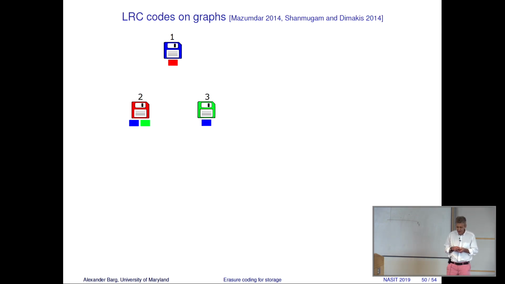Let me switch to another problem. Well, you would say, I favor Arya's work because he's here. No, I favor this work because it is good work, and because I think it is relevant to this question, and that is LRC codes on graphs. In general, Arya came up with one version of that question.